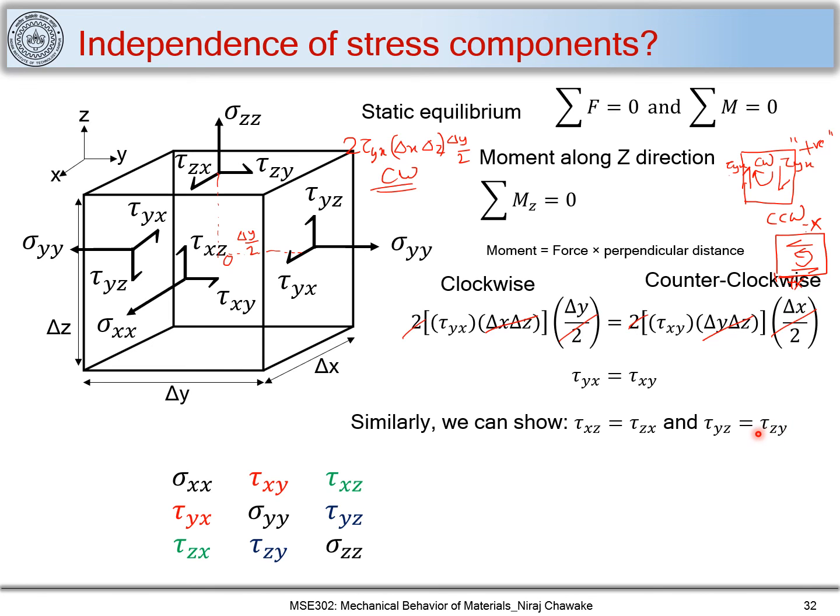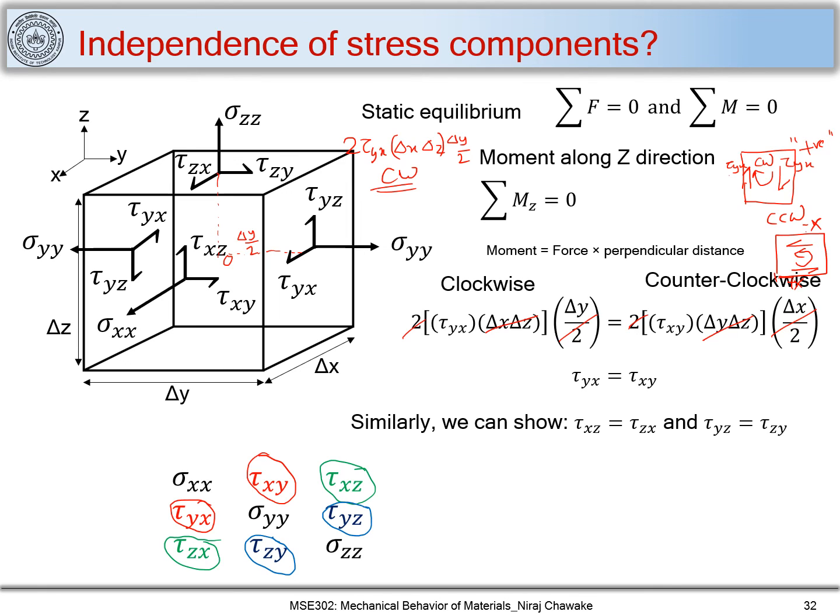Now let's look at the stress components. We have normal components here and shear components over here. You can see that the shear components tau xy and tau yx must be equal, tau xz and tau zx must be equal, and tau zy and tau yz are equal.